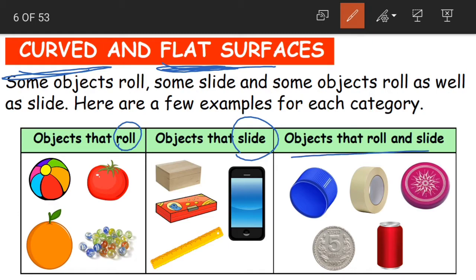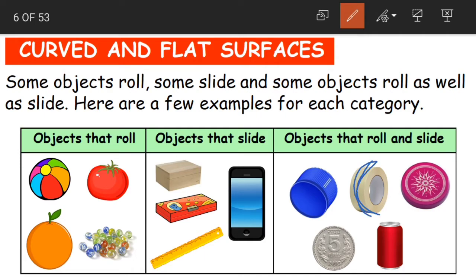Now coming to the third category of objects, if we observe, see children, for the tape, this is a curved surface, whereas this part is our flat surface. Let us see again. This is a curved surface.